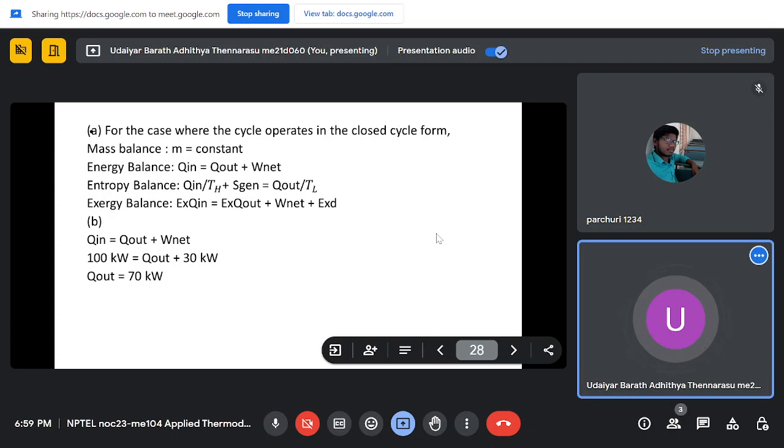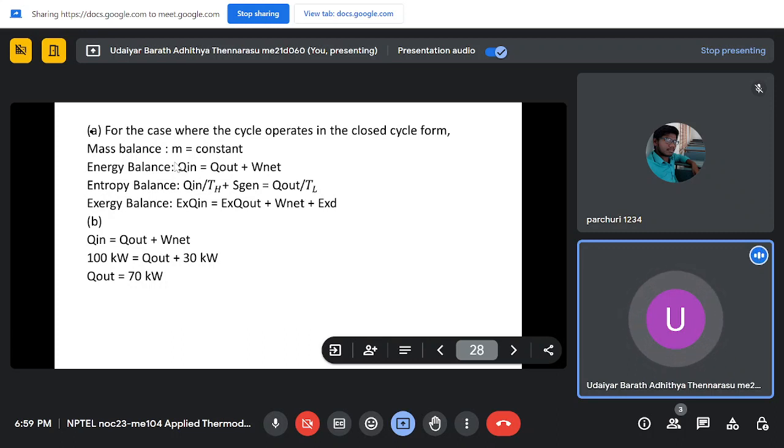That is the maximum exergy which you can get out of that energy at that temperature and that Q value. So that is represented as X Q in. How will you write this? Q into 1 minus T naught, the ambient temperature, by T, the temperature at which that heat transfer is happening. So that is X Q in, and that is the work which you can get.